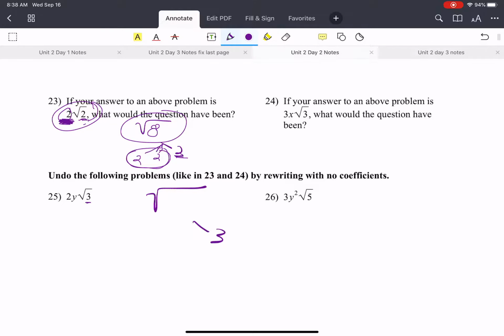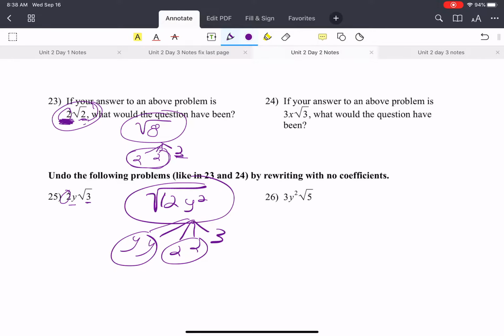The fact that I could pull out a 2 means how many 2s had I grouped together? 2. And how many y's had I grouped together? 2 of them. So now if I multiply all this together, I get 3 times 2 times 2, which is 12, y squared. So that's what I had simplified to get the 2y root 3. Should we do one more?